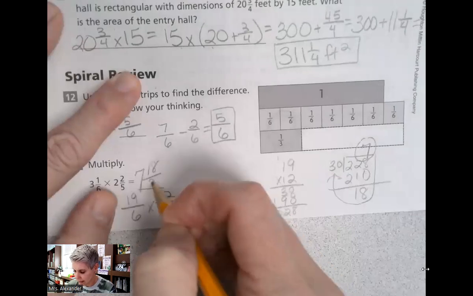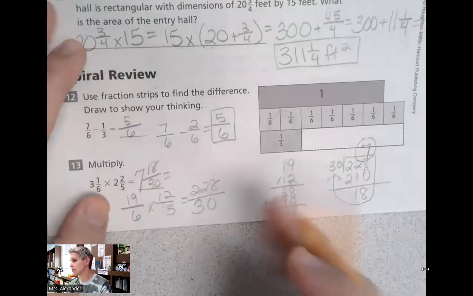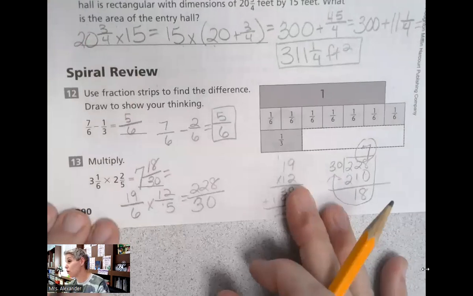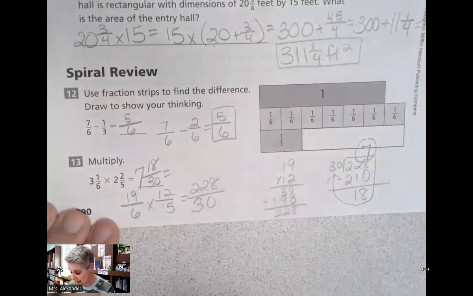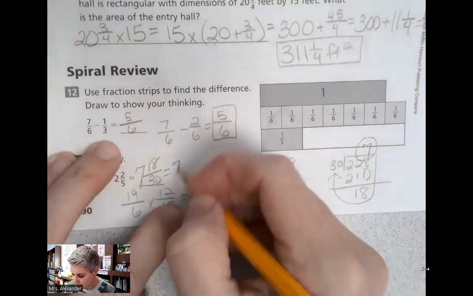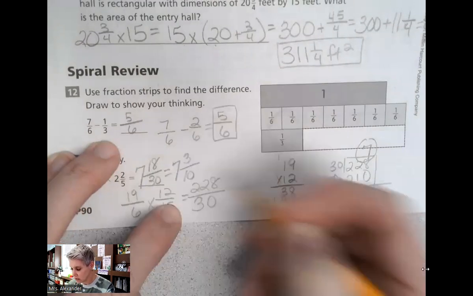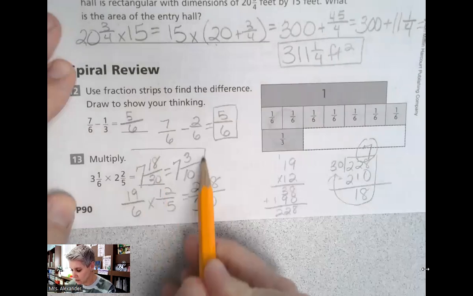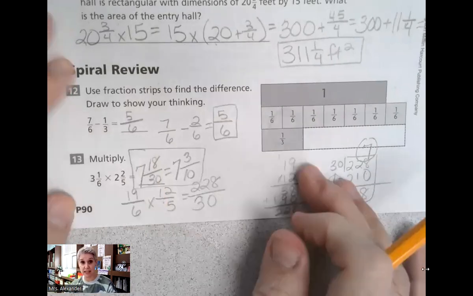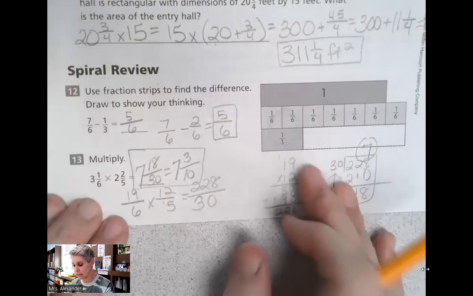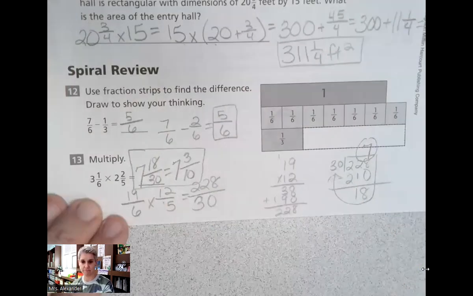You may recognize those are both even numbers. They are also both factors of 6. It can be simplified to 7 and 3/10. So if you did not simplify, if you got that 7 and 18/30, that is just fine. If you did simplify, well done.